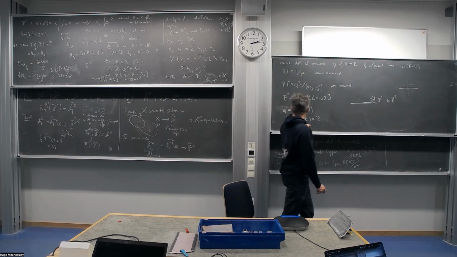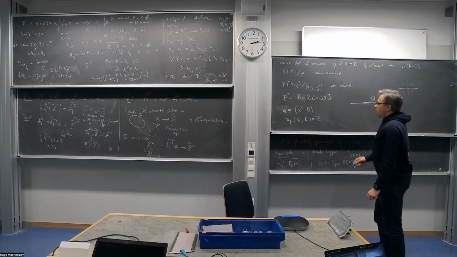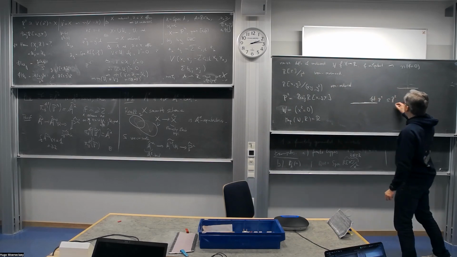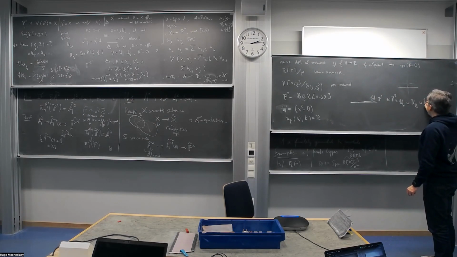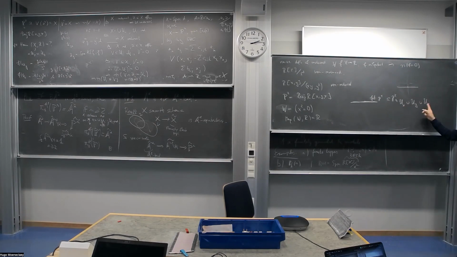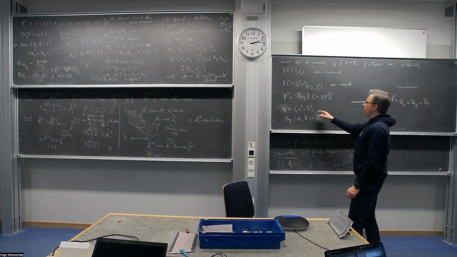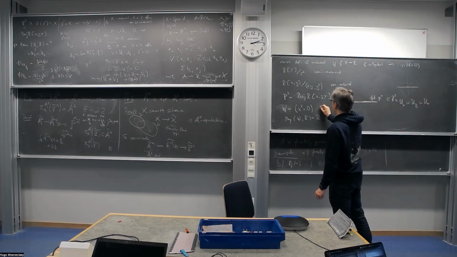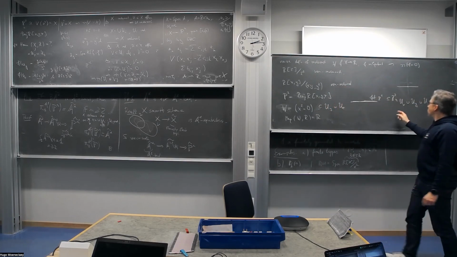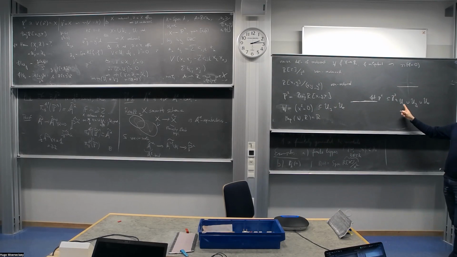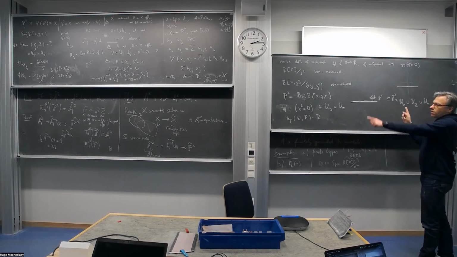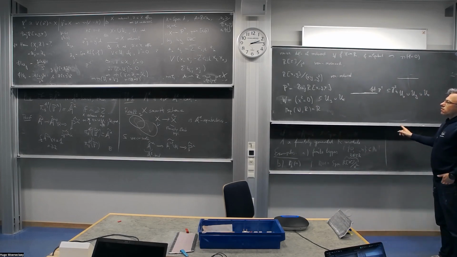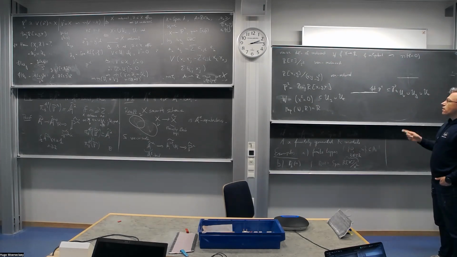And well, the idea to calculate this is that this P2 is covered by the standard affine charts where x is non-zero, y is non-zero, and z is non-zero. Then this W is covered by Uy and Uz, because Ux has no intersection with this, because x is invertible there.